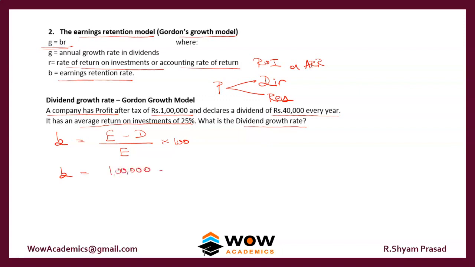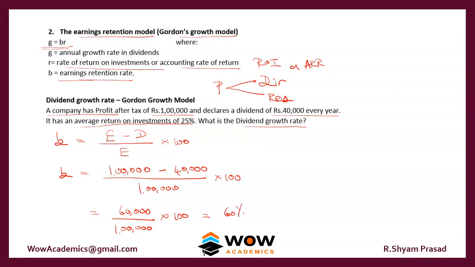The company has made a profit of 1 lakh. 40,000 has been declared as dividend. That means 60,000 is retained by the company. It means that they are retaining 60%. So their B is 60%.